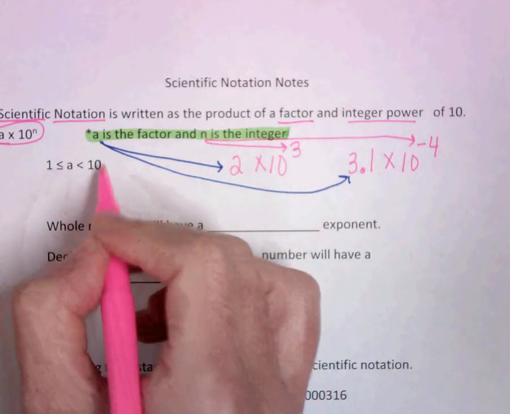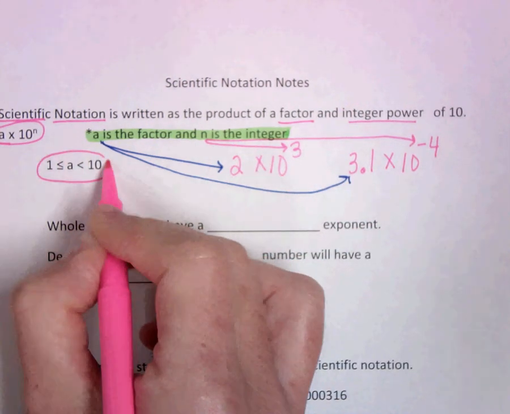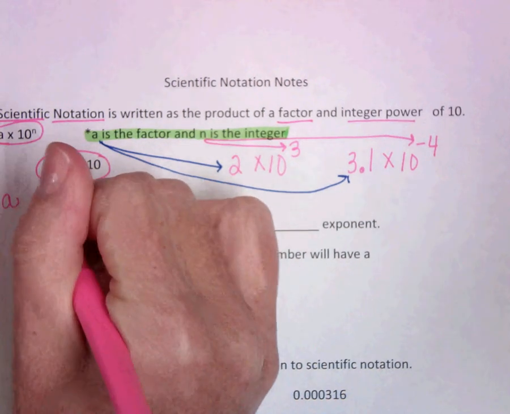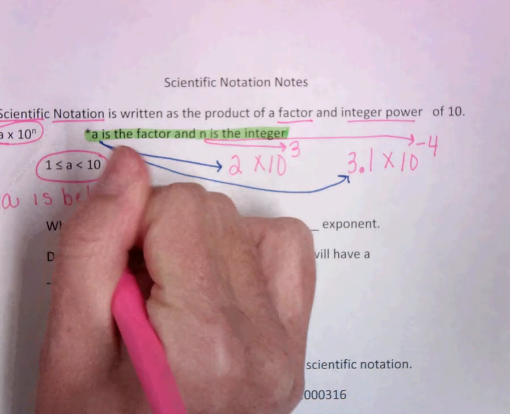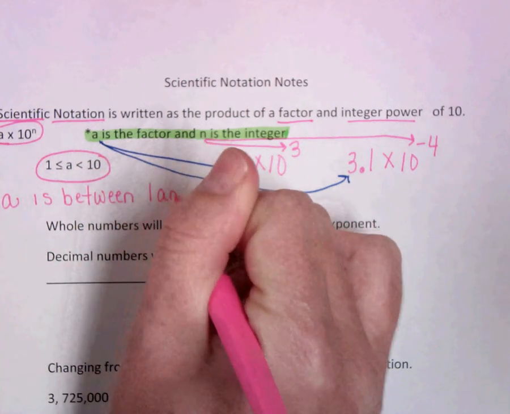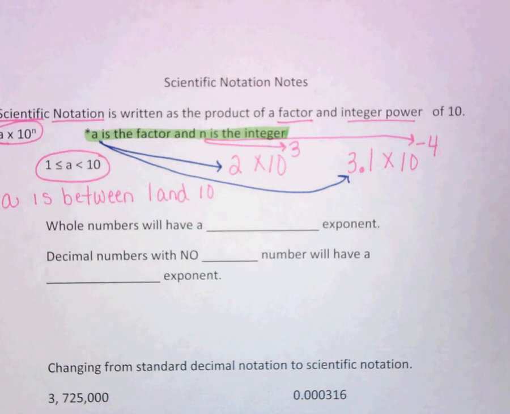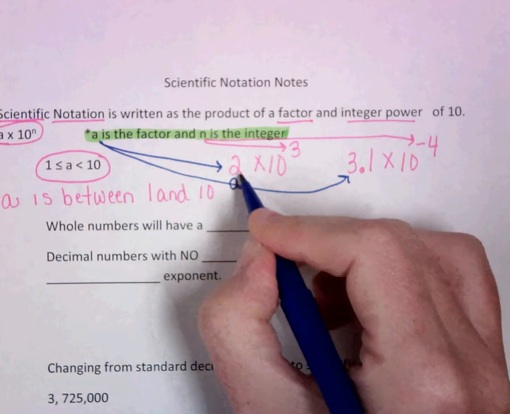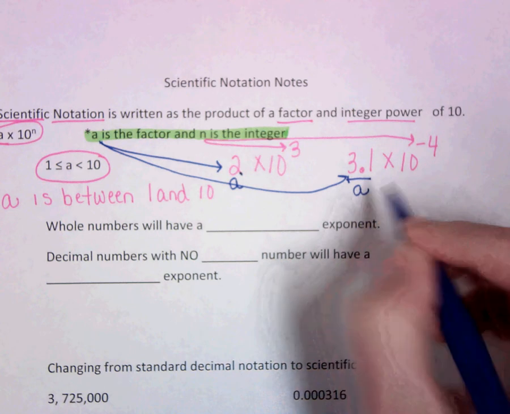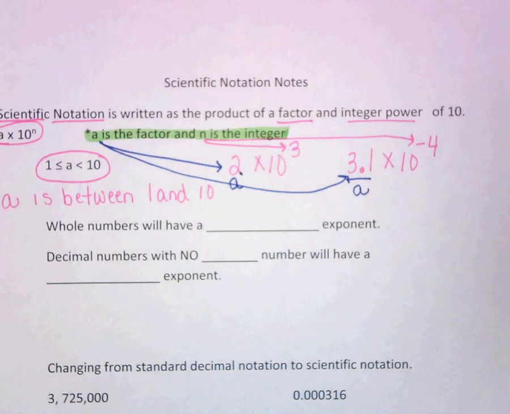Really important about A, this is saying that A is between 1 and 10. Do you see how this is A right here? That's between 1 and 10. This is between 1 and 10. We want to make sure it's between 1 and 10.